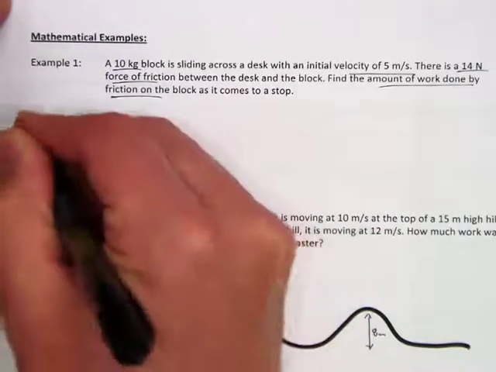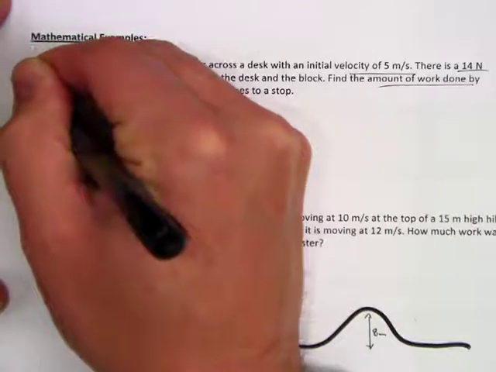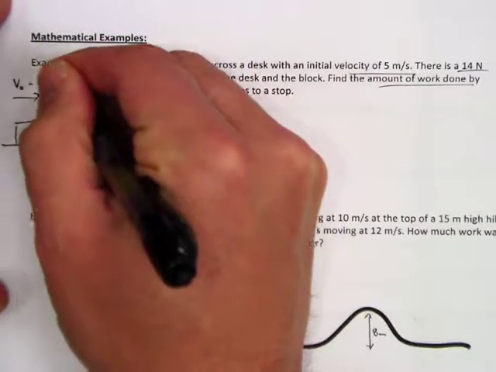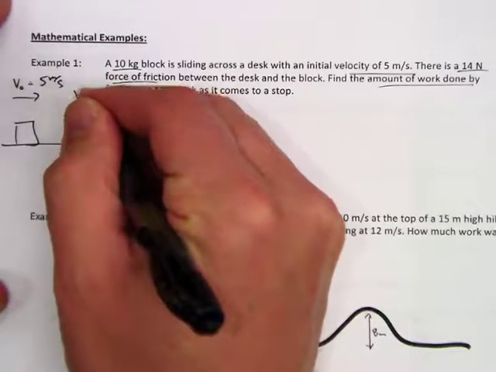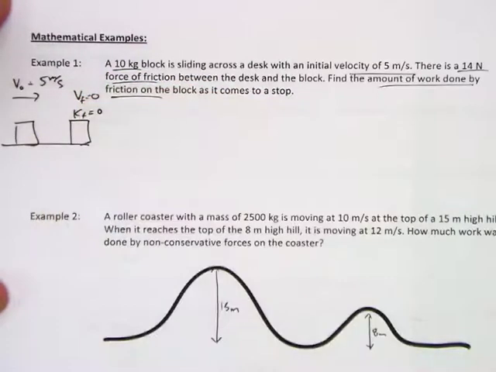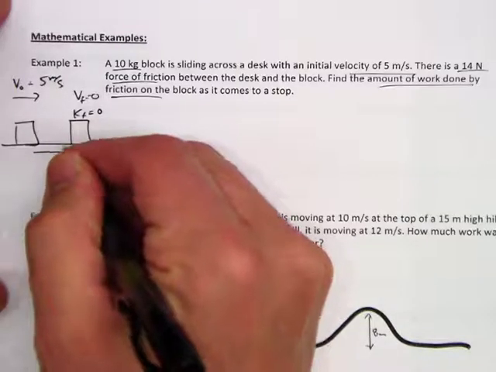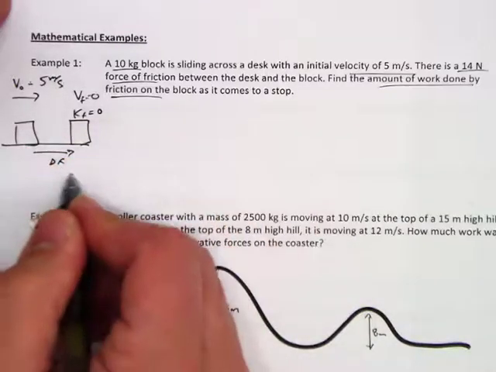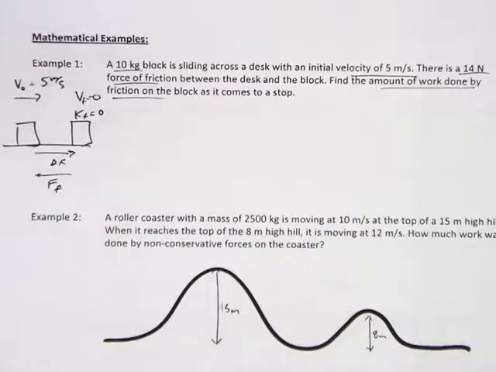So in DEWNC, all we need to know is that my initial velocity of the box is 5 meters per second, and my final velocity is 0. So my final kinetic energy is 0. As the box slides over this displacement, the force of friction is acting in the opposite direction, doing negative work, causing that delta K to change.